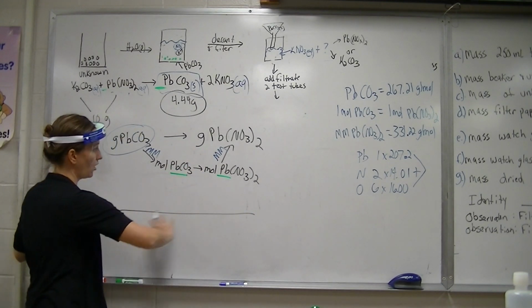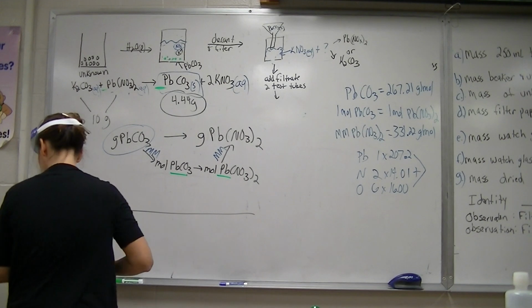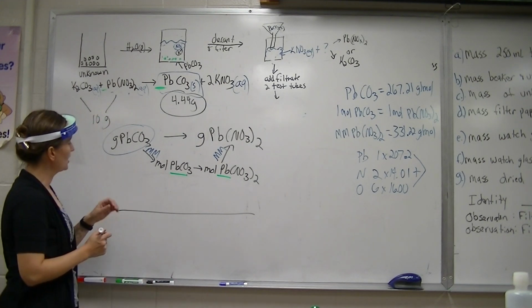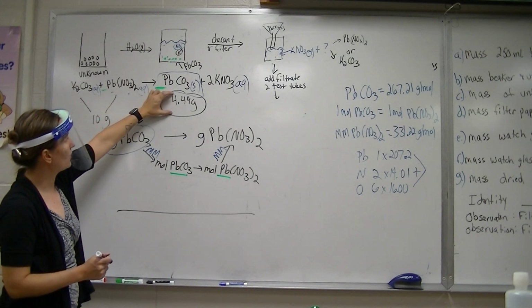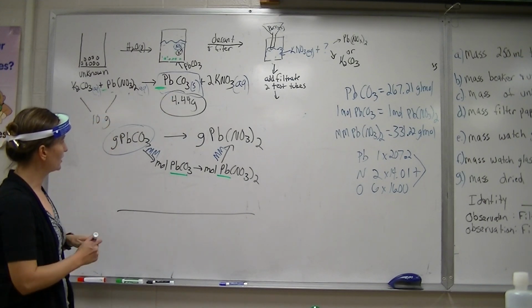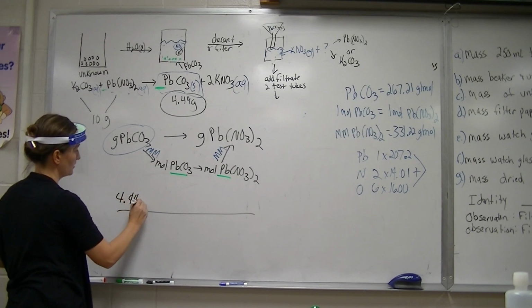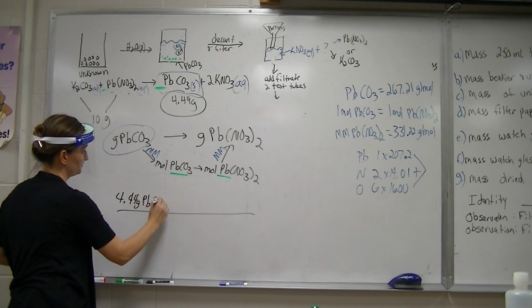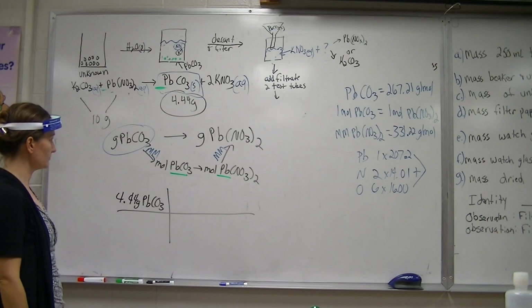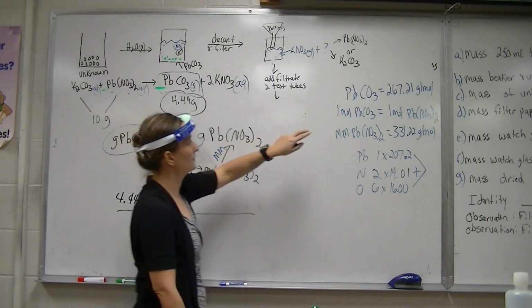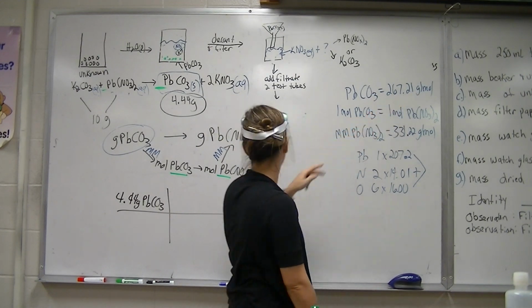This is going to be a longer one because we have several more steps. It's not just a one-step one. So we want to start with the grams here of the lead 2 carbonate. So that was 4.44. Next, I'm using the molar mass of lead 2 carbonate, this guy here.